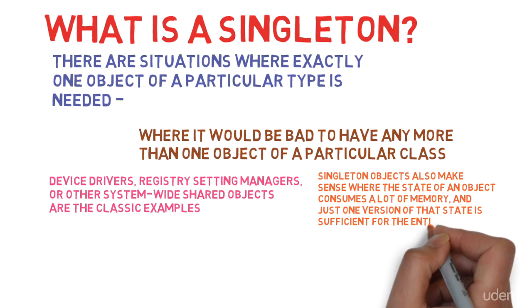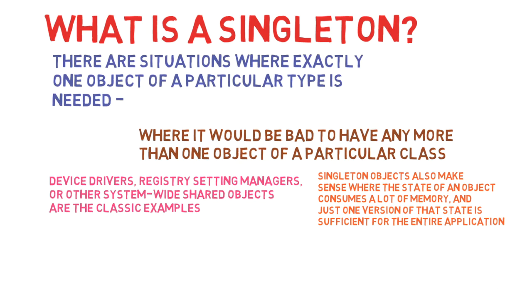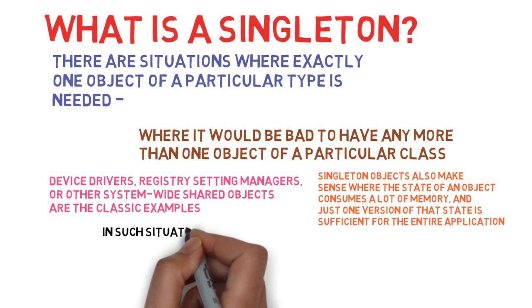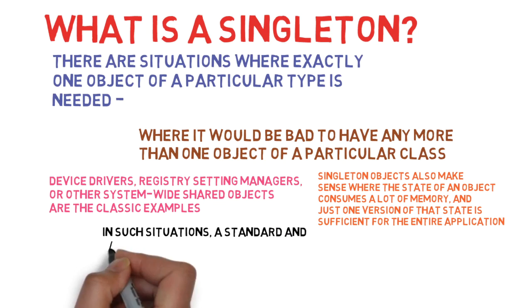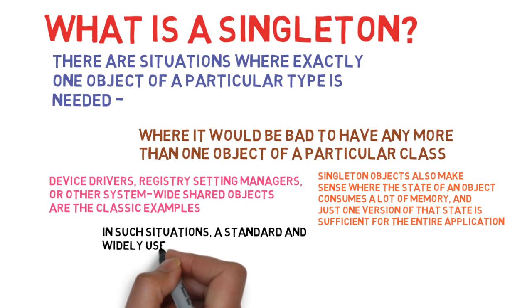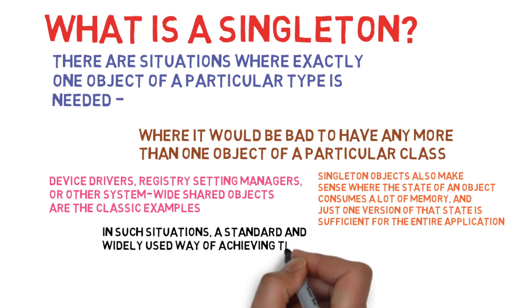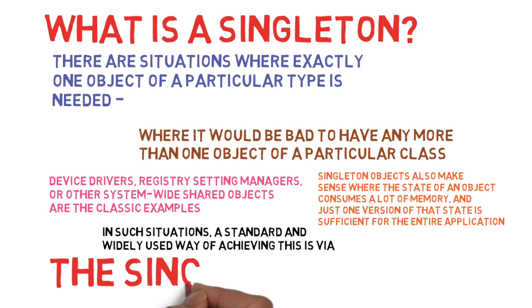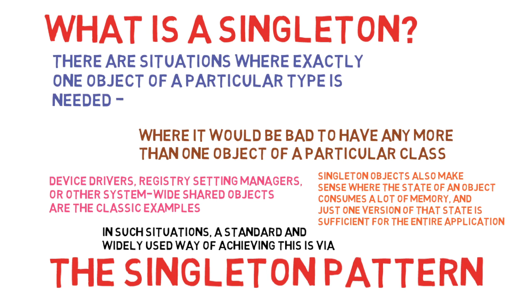If your object consumes a lot of memory and just one version of that state is sufficient for the entire application, that's when you'd use a singleton. So here are a whole bunch of examples, but there could be more. In such situations, a standard and widely used way of achieving this one-instance-of-a-class paradigm is the singleton pattern.